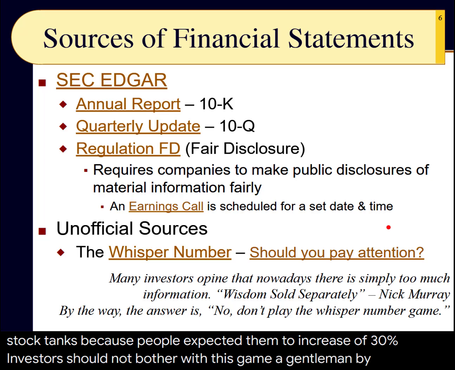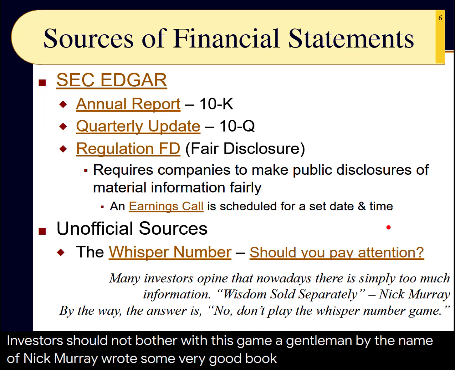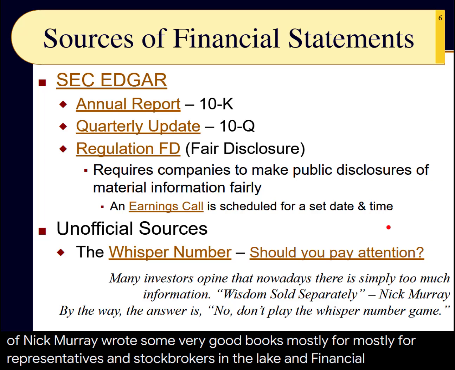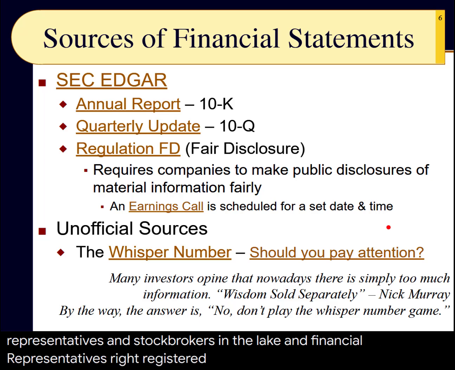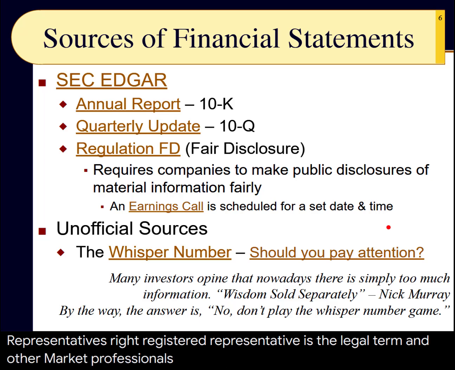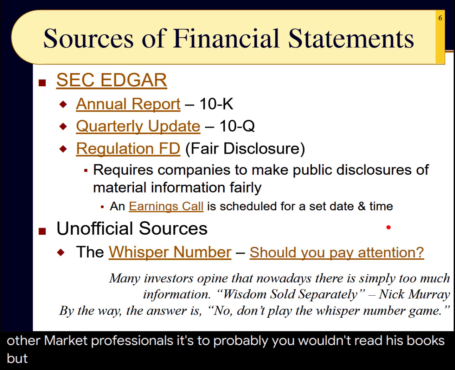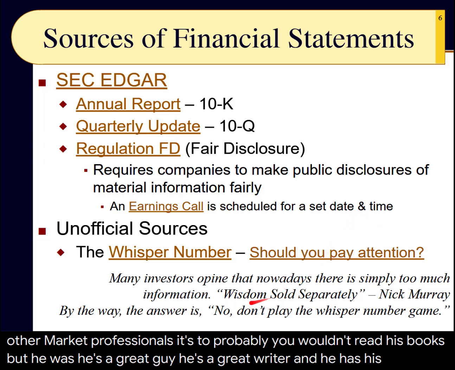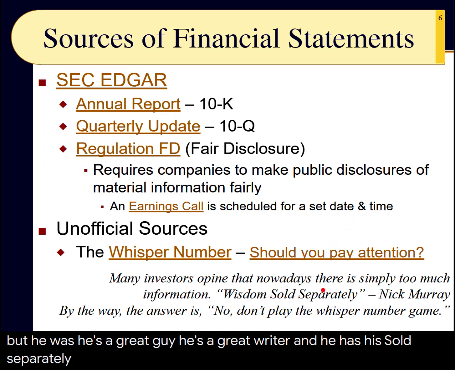A gentleman by the name of Nick Murray wrote some very good books, mostly for representatives and stockbrokers and the like, financial representatives. Registered representative is the legal term, and other market professionals. Probably you wouldn't read his books, but he's a great writer, and he has this wonderful saying: "Wisdom sold separately." Yeah, there's too much information.